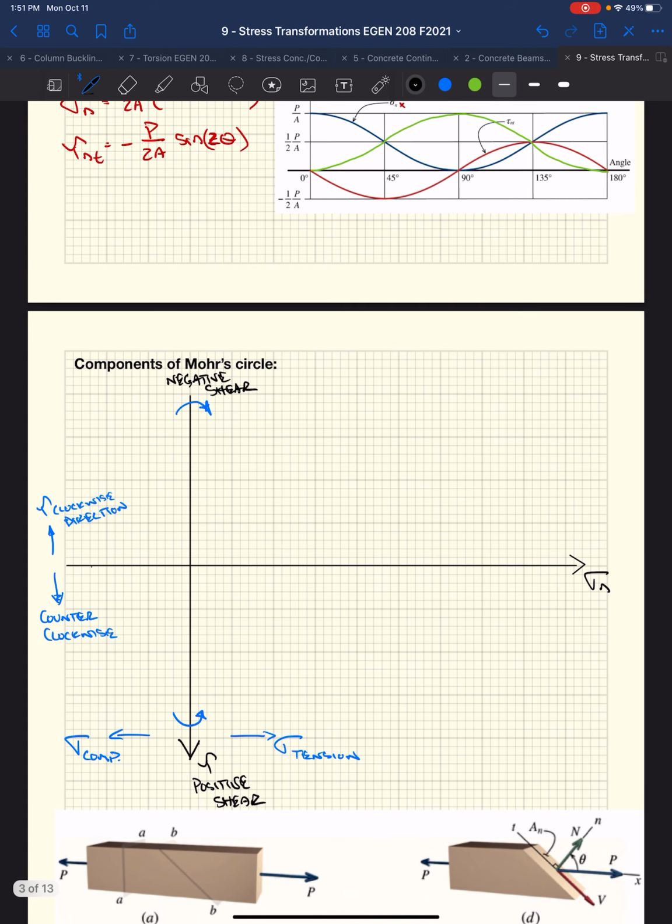So if we go back to this stress state at A, we started out by looking at our potential stresses at A. We have sigma x, we have tau xy and tau yx, which are just the shear stresses on the x and y faces in the x and y directions, and we have our sigma y.